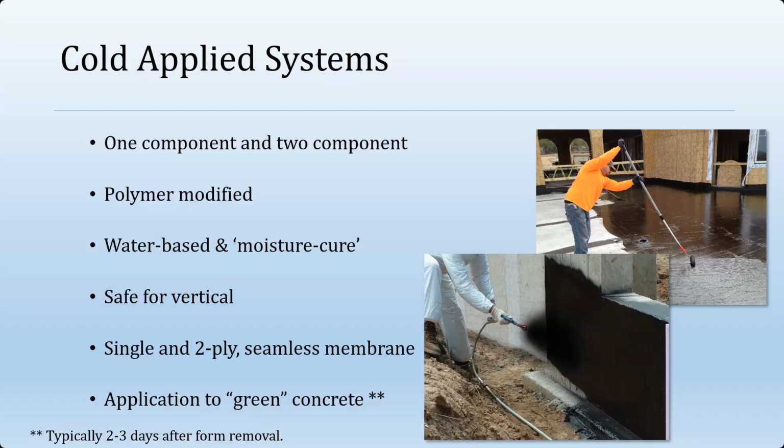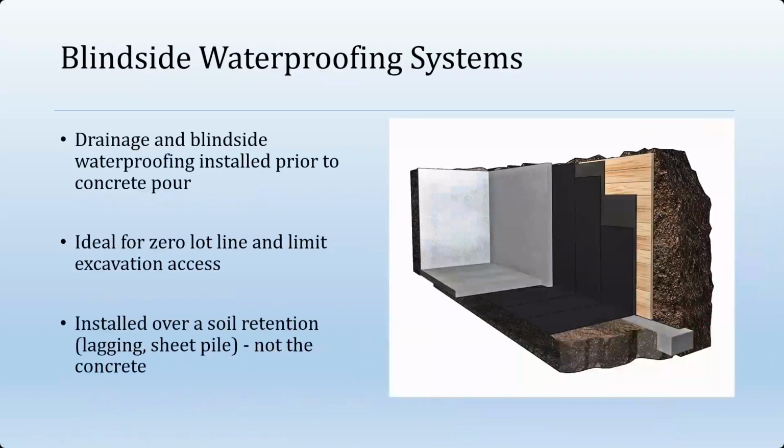So they will be problematic in colder weather application. Both these hot and cold fluid applieds carry the same type of warranty duration. They can be eligible for warranties up to 20 years.